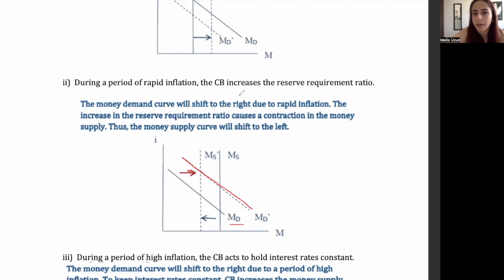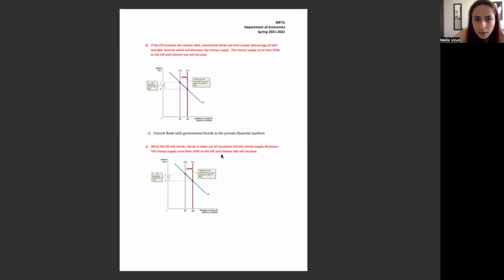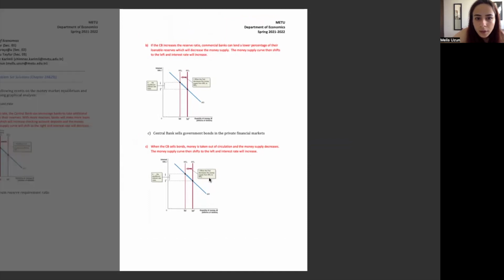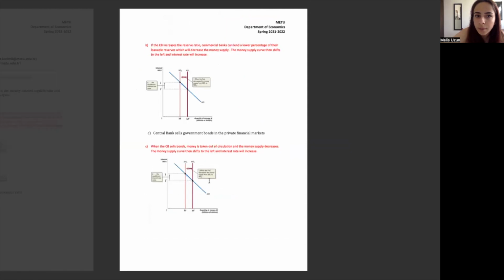And if the central bank increases the reserve requirement ratio, it will decrease the money supply. We talked about this before, so let me show you again. In the B part of the earlier question, it increased the minimum reserve requirement ratio.